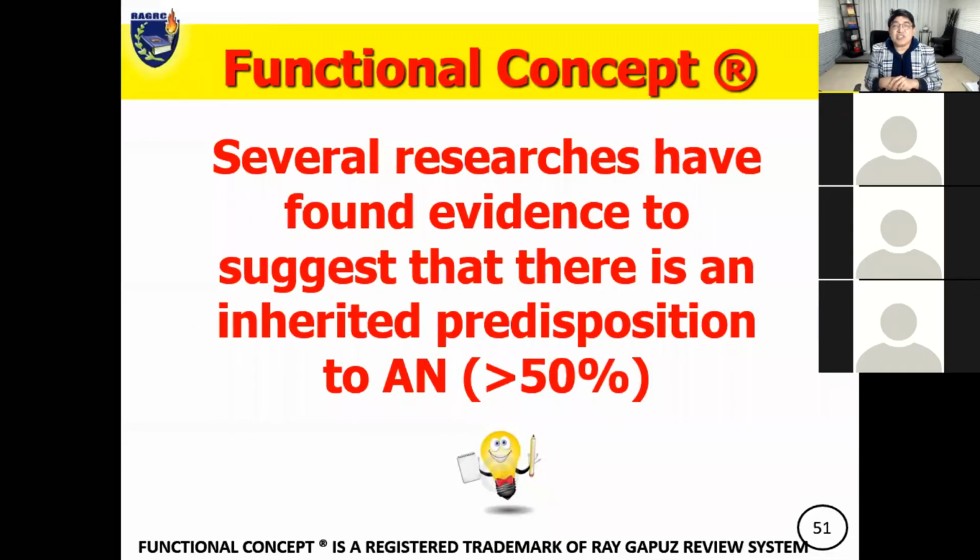Several researchers have found evidence to suggest an inherited predisposition to anorexia nervosa, and that's more than 50%.